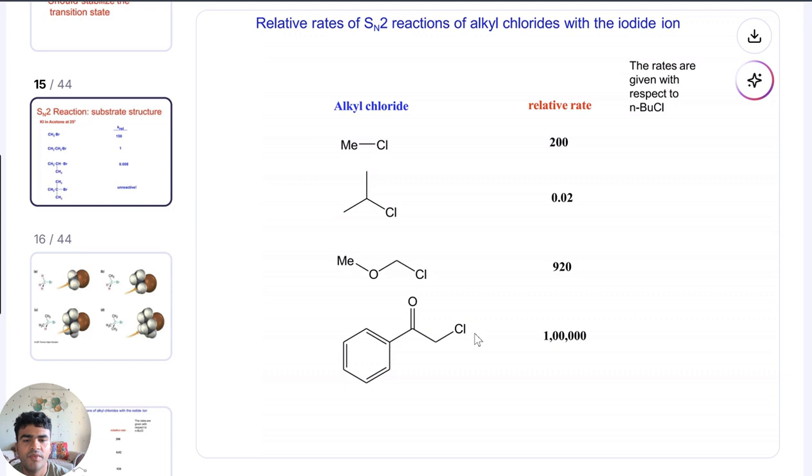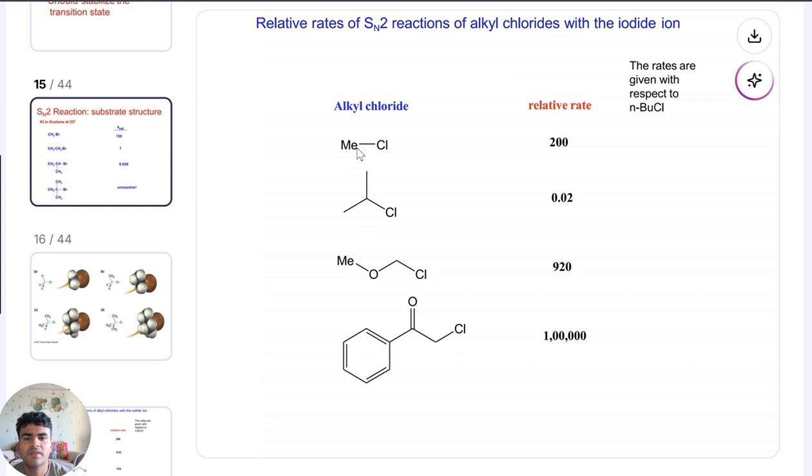It is because there is an overlap with the p orbital of this C=O bond, that is the sp2 orbital, and along with the transition state, those are both parallel, so overlapping happens. That's why the transition state gets stabilized.